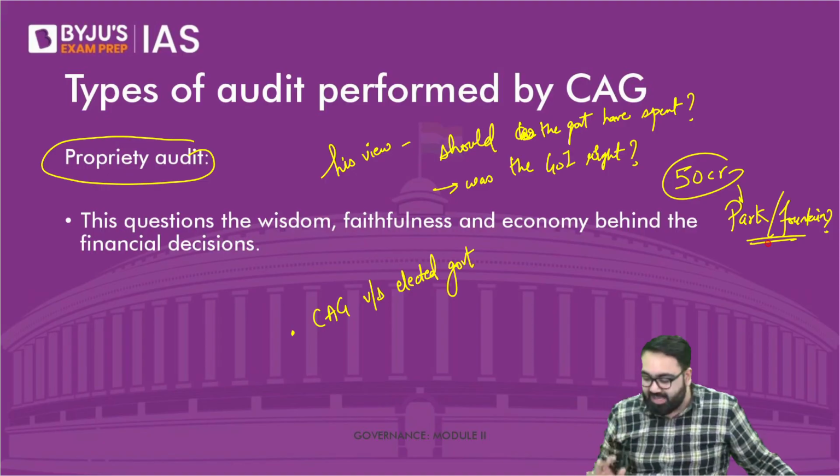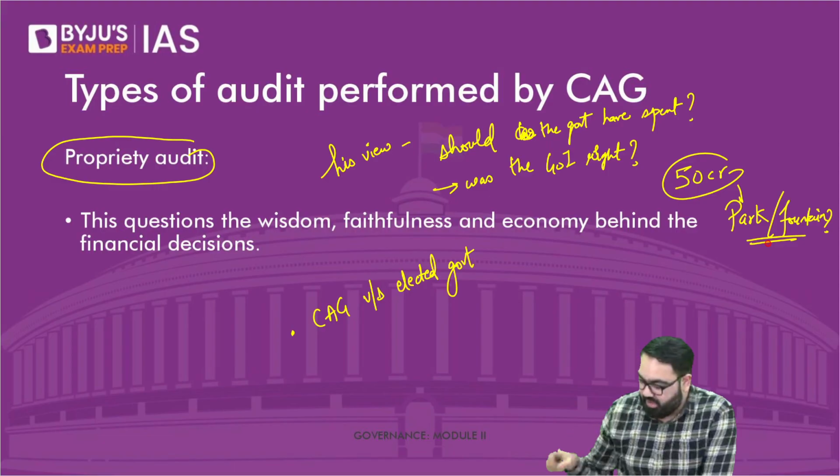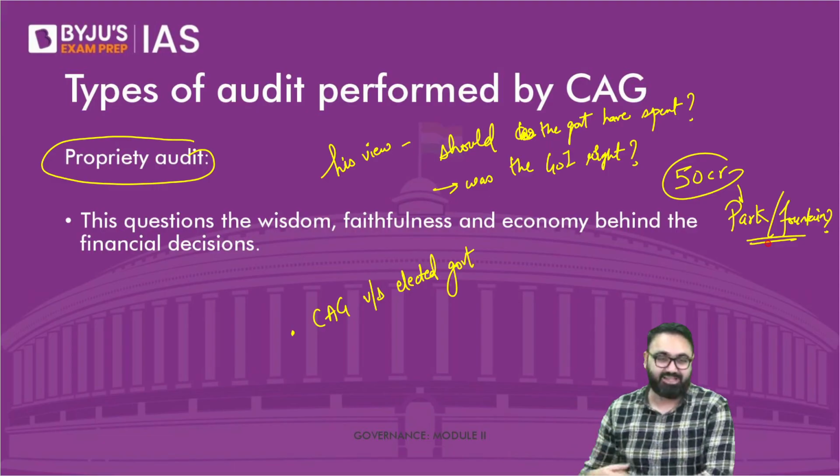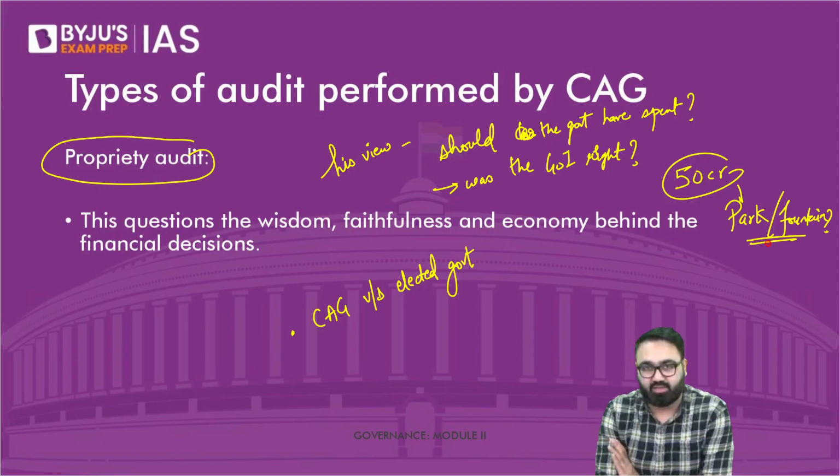The real example is of Uttar Pradesh. Akhilesh Yadav was a chief minister of Uttar Pradesh before Yogi Adityanath. So what did he do?